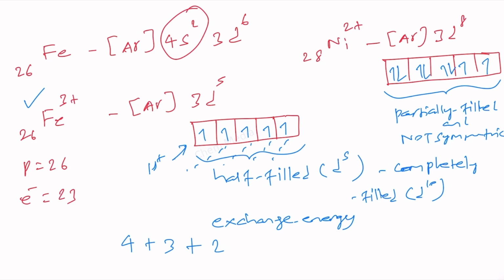Then when the fourth electron comes in, 1 exchange is possible. So, therefore, overall 10 different exchanges are possible when we have half filled d electrons, whereas here only 1 exchange is possible. Instead of going here, it can go here, because this is already paired up. So, therefore, only 1 exchange is possible here, but for Fe3+ 10 different exchanges are possible. Therefore, Fe3+ is more stable than nickel 2+.